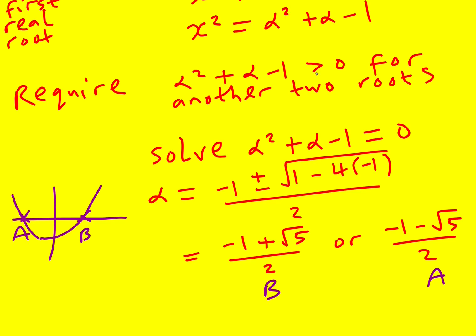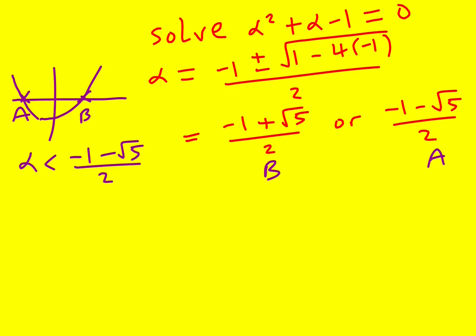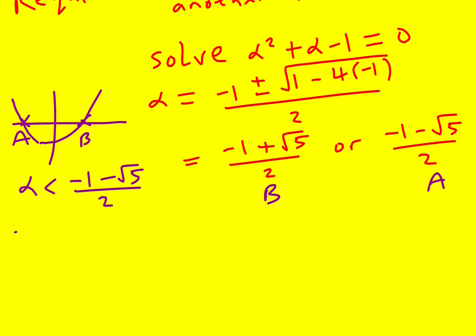So if we need it to be bigger than 0, then we need alpha less than minus 1 minus root 5 over 2, or alpha bigger than minus 1 plus root 5 over 2.